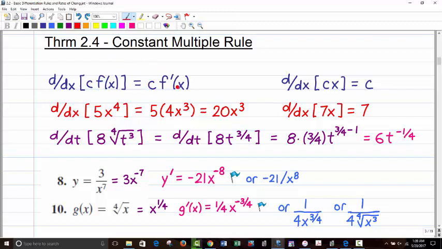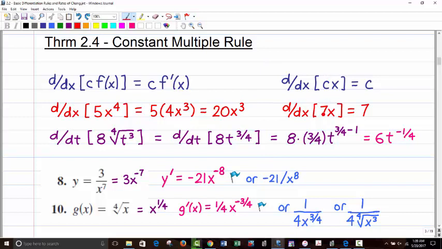That's all that's saying. Then, for example, if the derivative of x is 1, the derivative of cx would just be c. So like right here, it's 5x to the 4th, so the 5 stays there. You take the derivative of x to the 4th, it becomes 4x cubed. Multiply the 5 and the 4 together, and you get 20x cubed. Okay, that's all it's saying.